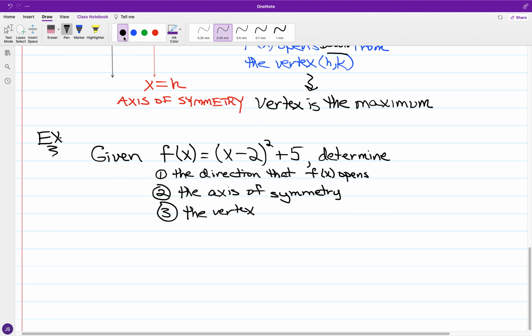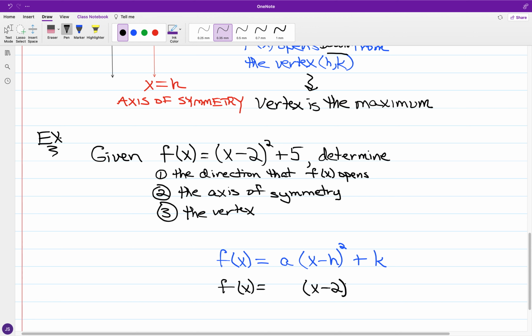So for what we have here, we have the general layout of the vertex form. So you have f of x is equal to a times the quantity of x minus h to the second, followed by the addition of k. And specifically, we have that f of x is equal to the square of x minus 2 followed by the addition of 5.